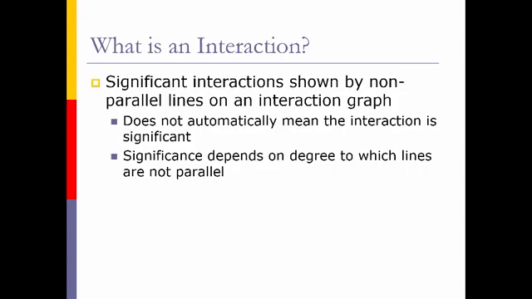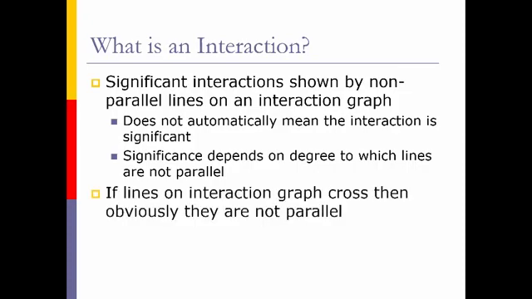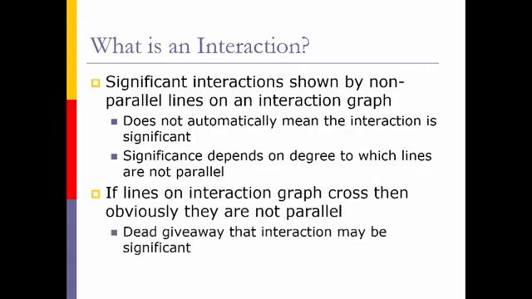Obviously, it doesn't automatically mean the interaction is significant, because significance depends upon how non-parallel the lines are. However, if the lines cross, they're not parallel, which means there's probably an interaction that may be significant, but it may not always be true, so that's why it's nice to run, in this case, the statistical test.